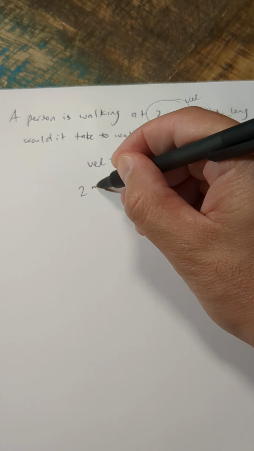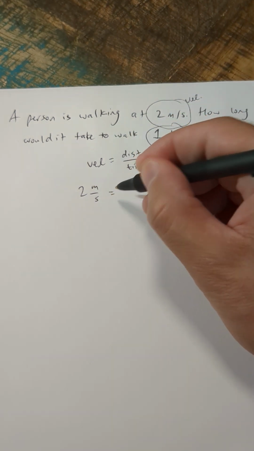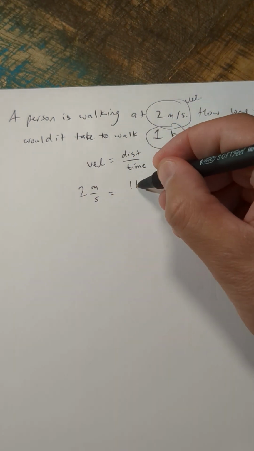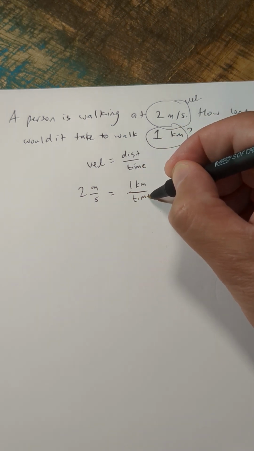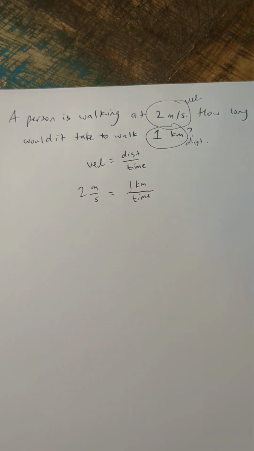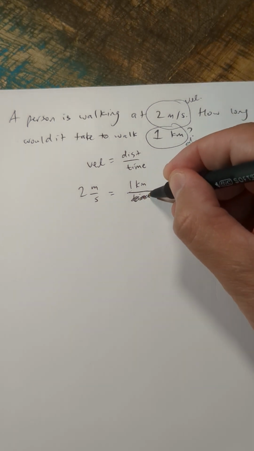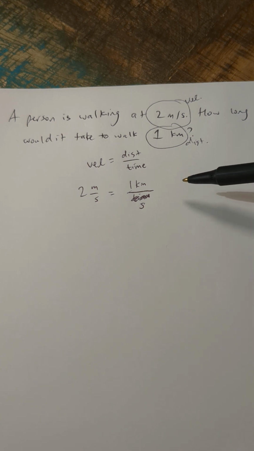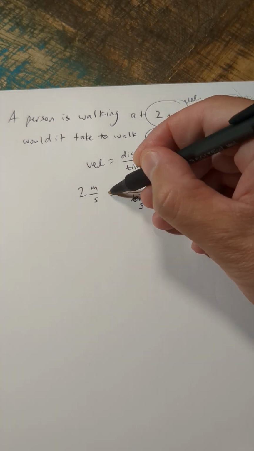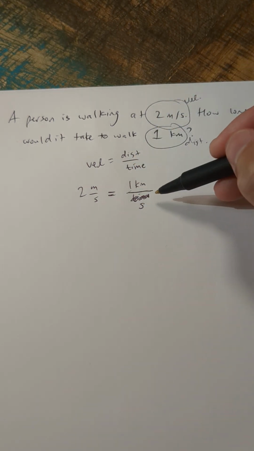And at this point, I will just plug these right into our equation. So we have 2 meters per second equals distance, 1 kilometer, over time. Sorry, instead of writing that, I'm going to write seconds. And from here, we want to solve for seconds this time.